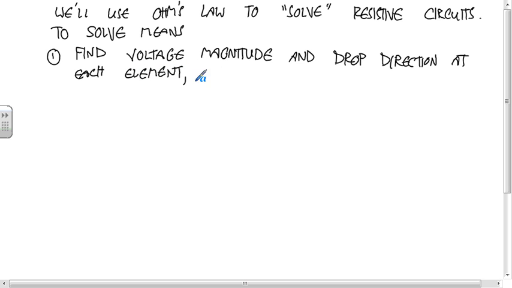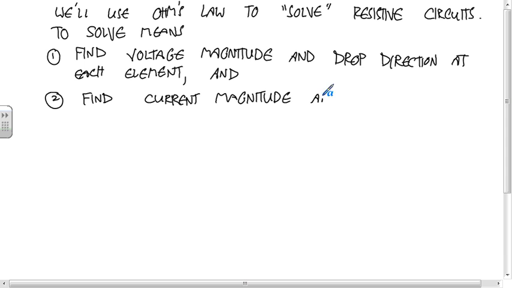And second, find the current magnitude and direction at each element.